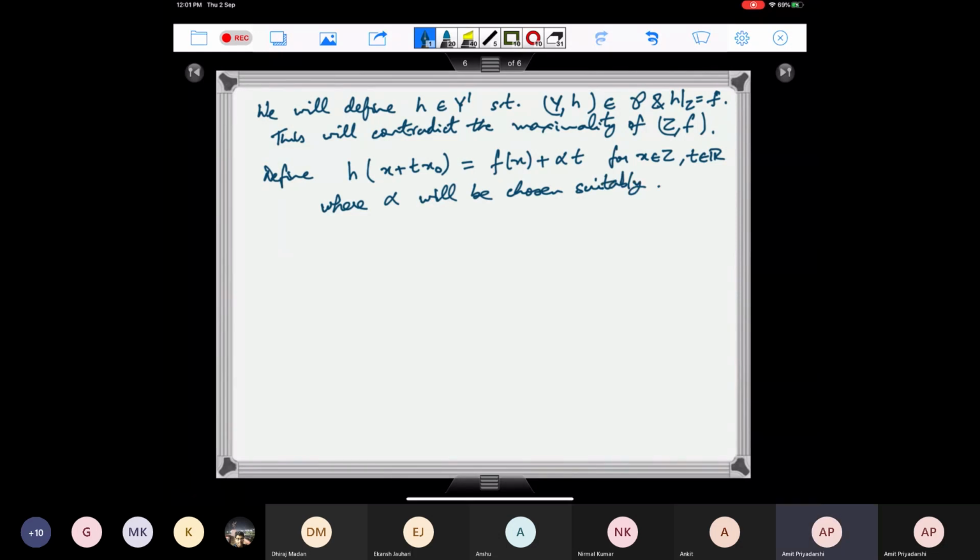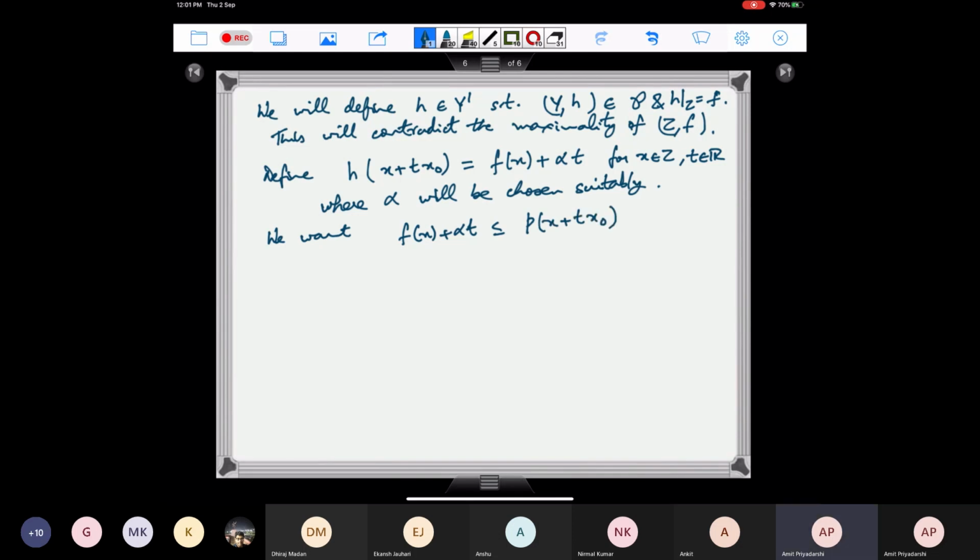We will choose alpha in a way such that this h is dominated by the convex functional p. So what we want is that f of x plus alpha t should be less than or equal to p of x plus t x naught.